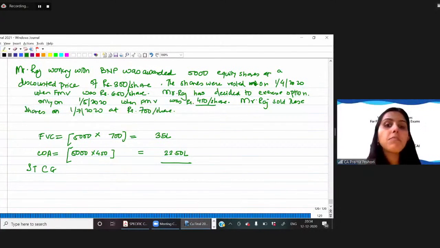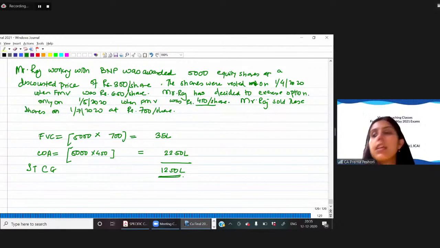The amount is 12.50 lakh. Is it clear? Ambika, you have taken cost of acquisition wrong. It is 22.50 lakh, not 7.5 lakh. Is the answer clear?